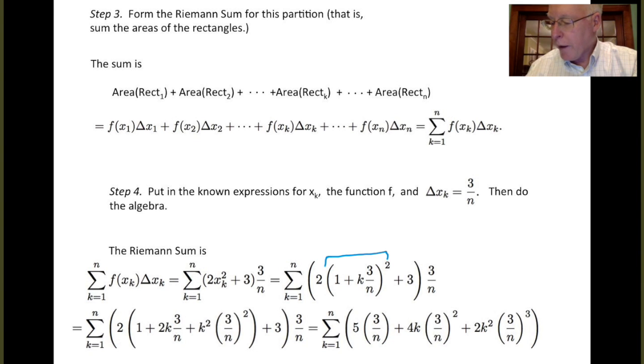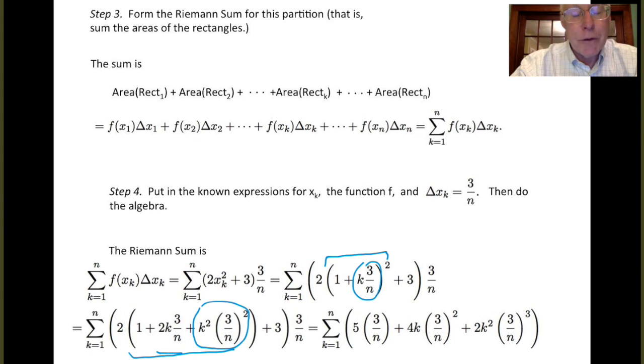When I squared that out, I got this expression down here: 1 squared, and then when I square the 3k over n, I get k squared times 3 over n squared. And then the cross product term, the middle of the FOIL in that square, gives me 2 of the k times 3 over n terms. And then here's the plus 3 and the 3 over n still recorded there.